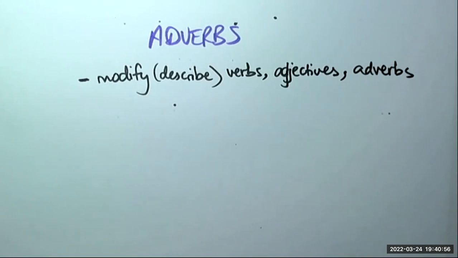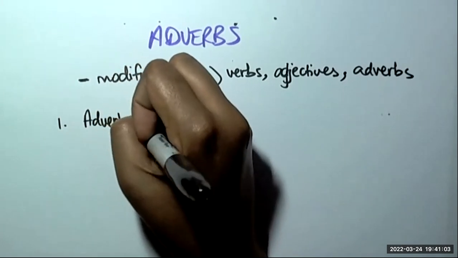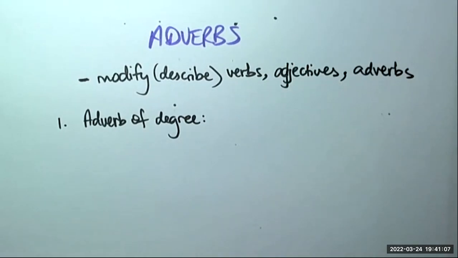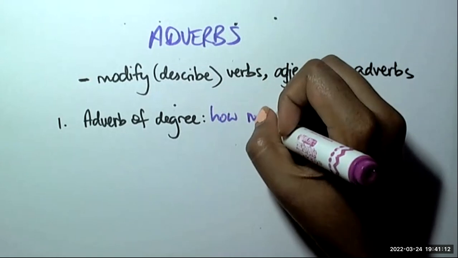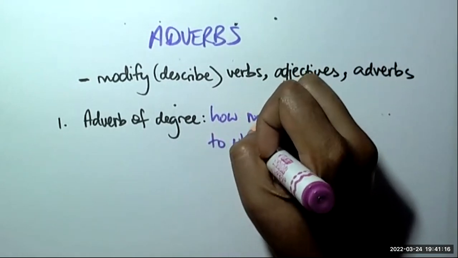So the first type of adverb we have that we're going to look at is the adverb of degree. Now this is going to answer the question, how much or to what extent?